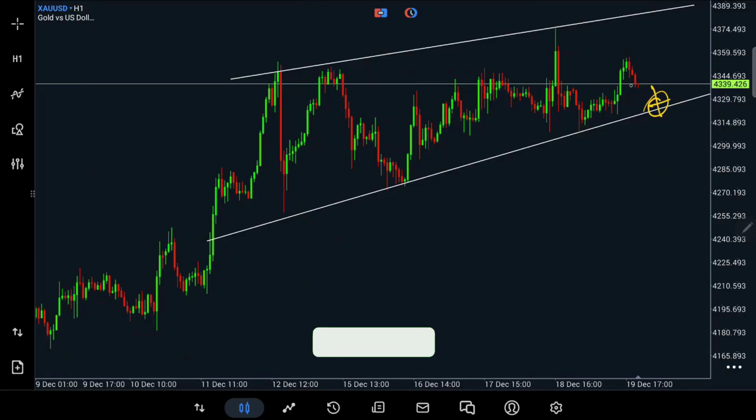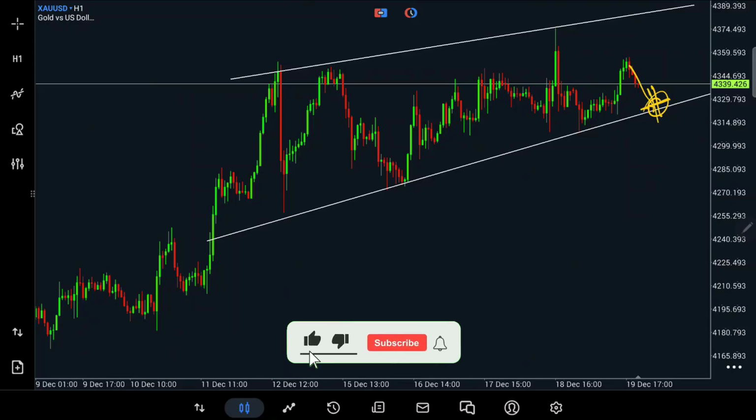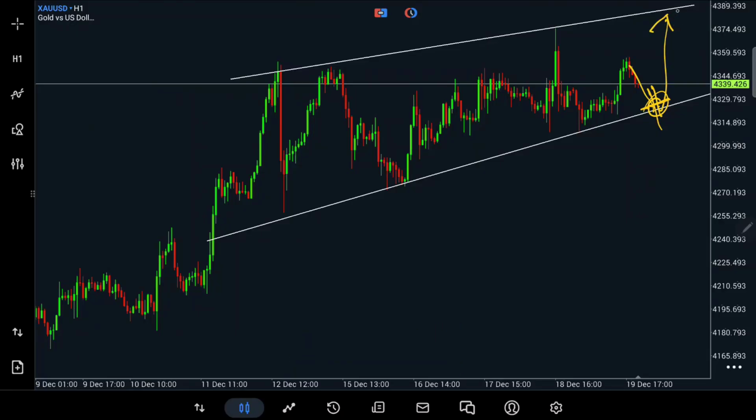That means with candle confirmation, if the market comes there and we get any candle confirmation to go buy, then we can consider a buy entry here, and if we get any sell confirmation over there, then we can take a sell entry here. And if there is any breakout, we will wait for a perfect pullback. Then if we get any sell confirmation, we can consider a sell entry.